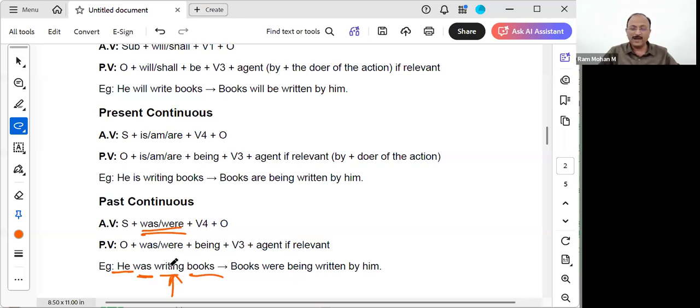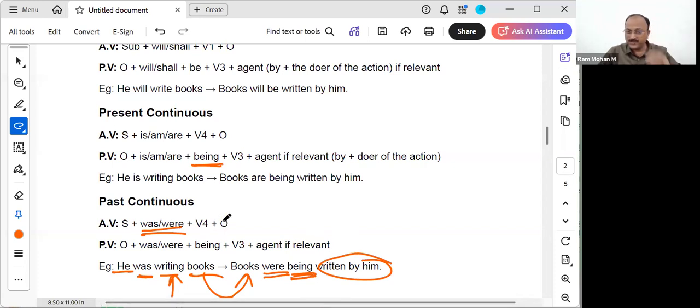Correct? So what will happen when we interchange this? Books will become the subject, books. Was will become were, because books is a plural, so were. The word being will be added, I said, correct? No? Here also being will be added. Only thing is here am or is will come, here was or were will come. That's it. Rest everything is same.